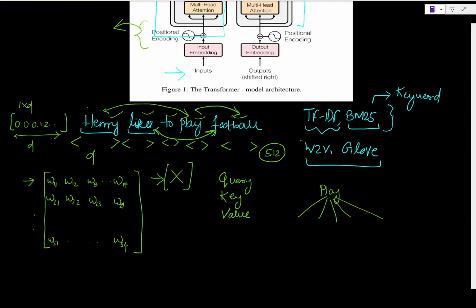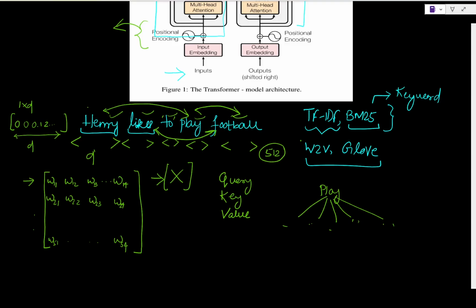How much weight should I assign to Henry? How much weight should I assign to likes? How much should I assign to the word to? How much to play, the word itself, and to football? That's basically what attention is doing, right? For every word, we're trying to assign weights to the remaining words to see, in the context of that particular word, how much importance do the other words have. That's what we are trying to do.